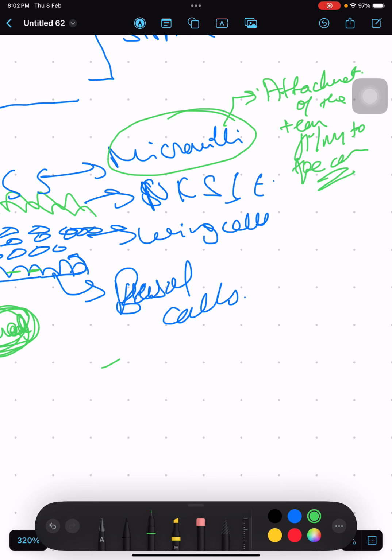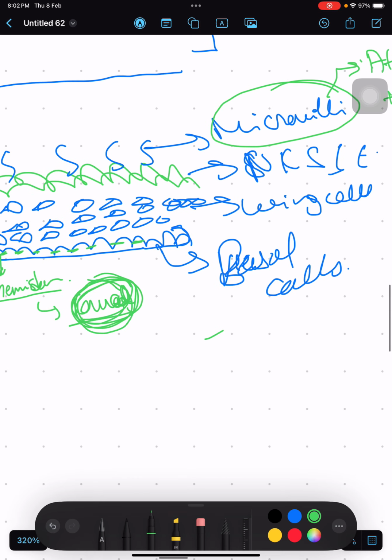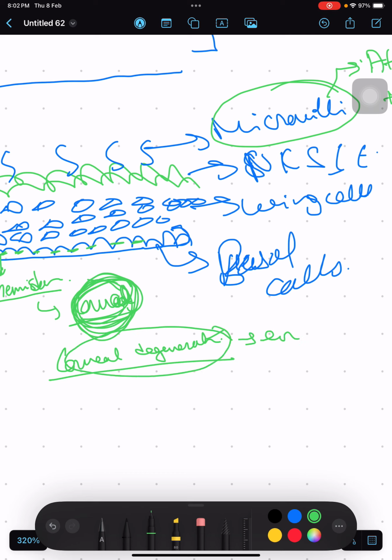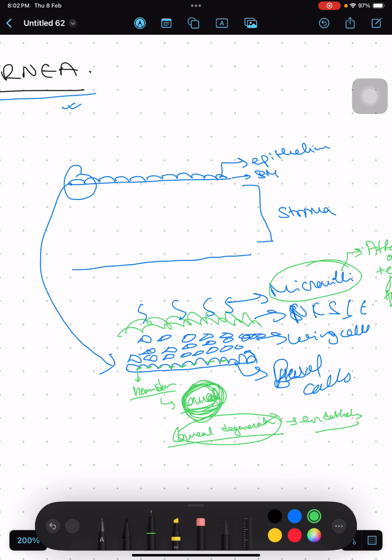What you need to remember is, in corneal dystrophy, majorly corneal dystrophy. I won't say corneal degeneration, because whenever this term comes, you have to talk about the endothelial cells of the cornea. Where are the endothelial cells?